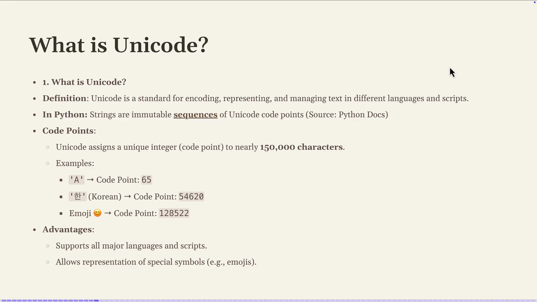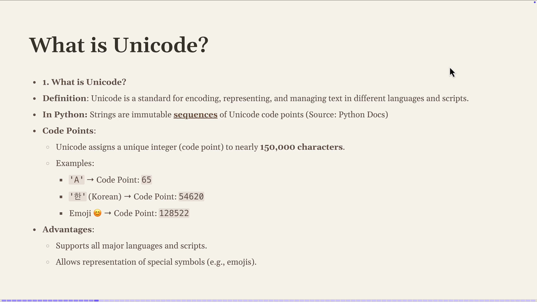What does it mean? The letter A has the value 65, which is the Unicode number of A. This is in Korean, and it also has a Unicode value, which is 54,620. And the emoji also has its own code point, as we can see.